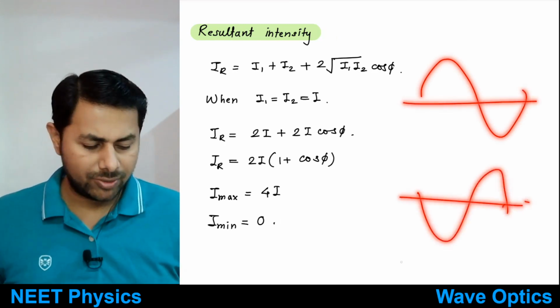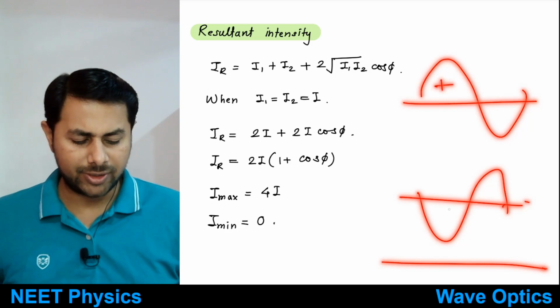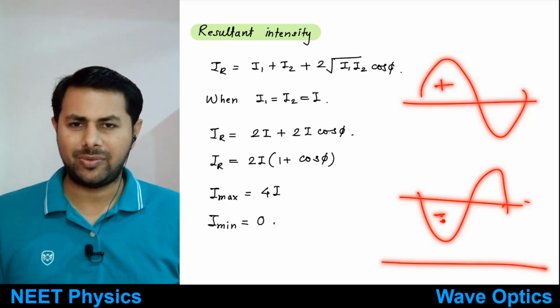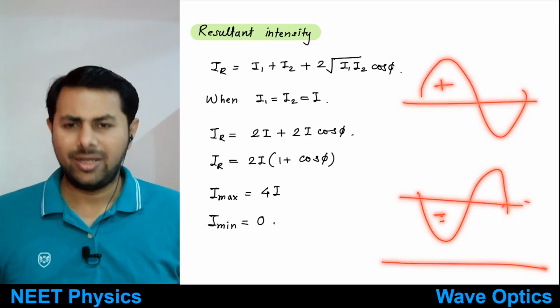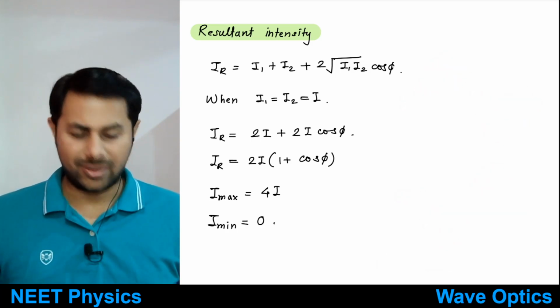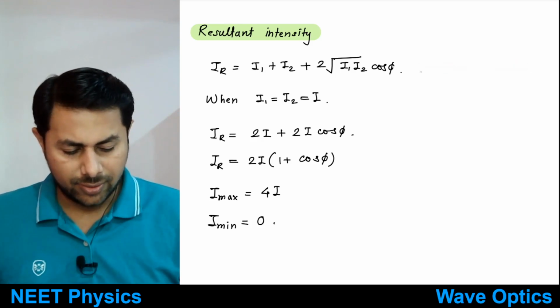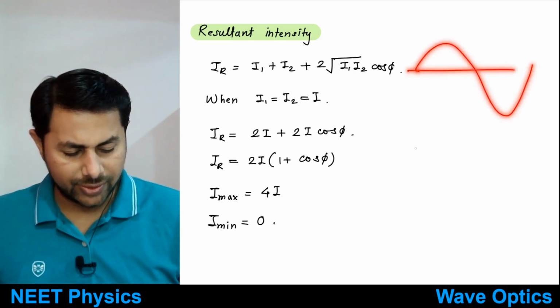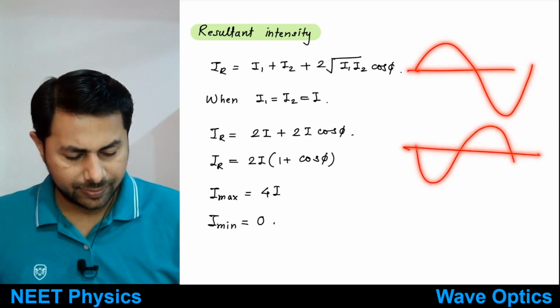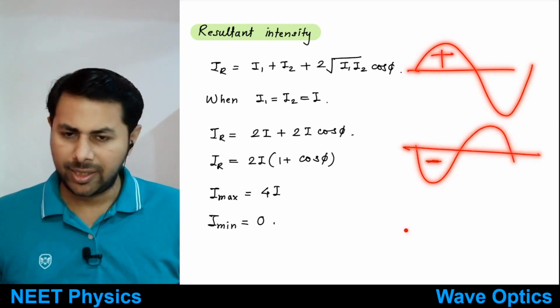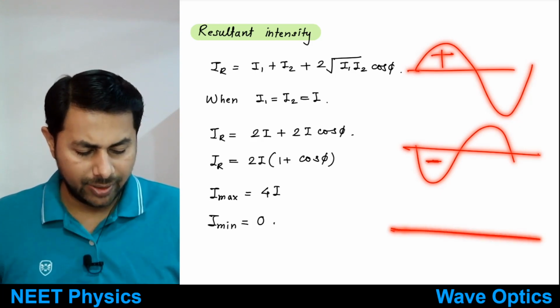So if their amplitudes are equal, what will happen? This is positive displacement, this is negative displacement, then the total displacement would be equal to 0, right? If their amplitudes are same, then what would happen?